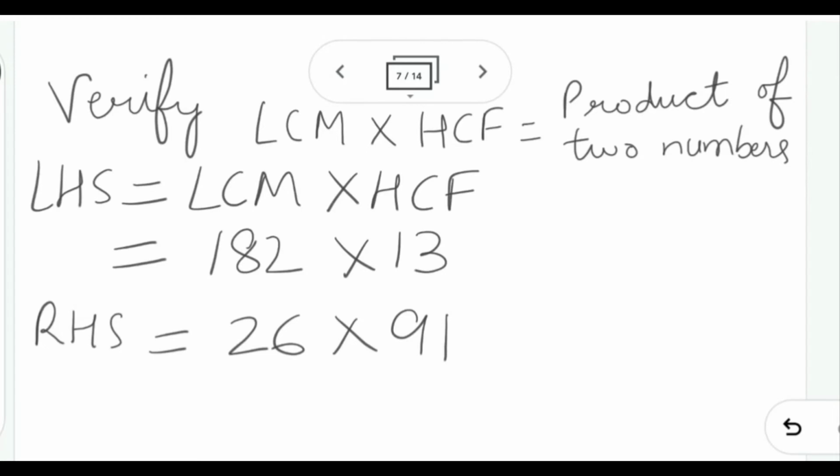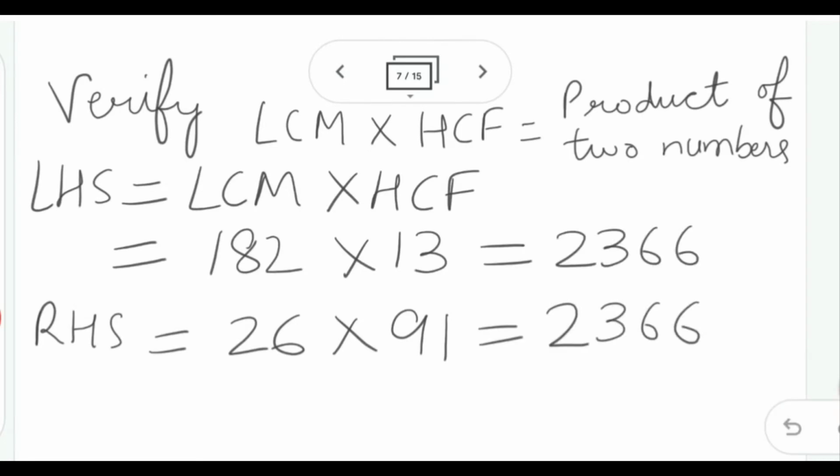We must get them the same. So let's multiply them. On multiplying these numbers, we get 2366 as the product. So we can see that LCM into HCF of two numbers is equal to the product of two numbers. So this formula is verified.